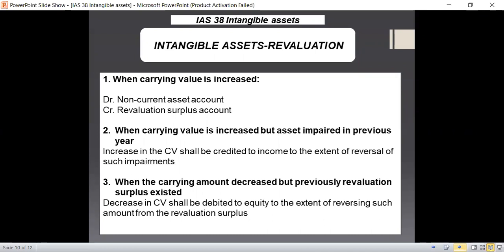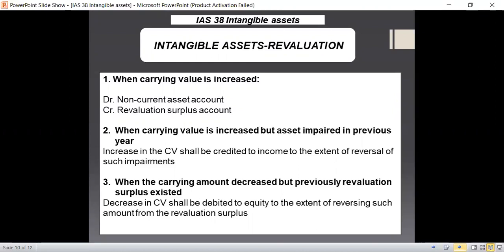When the carrying amount is increased, then the increase shall be credited to the equity under the heading revaluation surplus. However, if the same asset was impaired before and the impairment loss was recognized in SOPL, then the increase in carrying amount shall be credited to the income to the extent of reversal of such impairments.